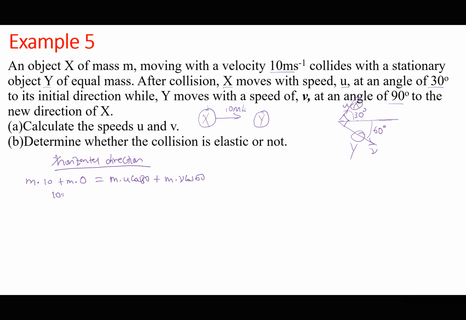So 10m is equal to m times u root 3 over 2, cos 30, plus mv, cos 60 is a half, so this is mv over 2. So m has cancelled. I multiply everything by 2. I have that 20 is equal to u root 3 plus v. I'll leave this as one equation.